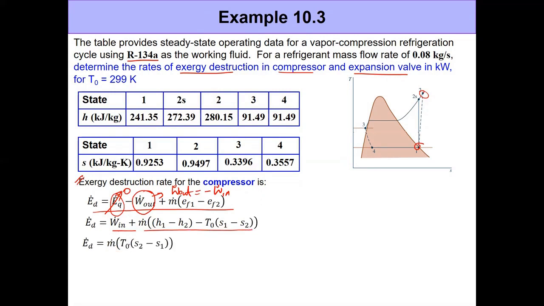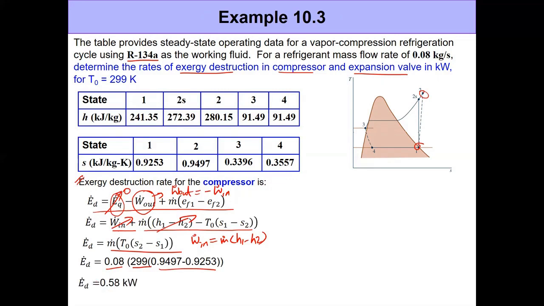Now, for this specific case, because there's no heat loss within the compressor, from energy balance we can easily find out that W dot in, the work input required, is equal to m dot times (h2 minus h1). So these two get cancelled here. What we are left with is simply the product of the change in entropy times m dot. If we substitute the values given in the question and the table for s2, s1, T0, and m dot, we get a value of 0.58 kilowatt for the exergy destruction of the compressor.